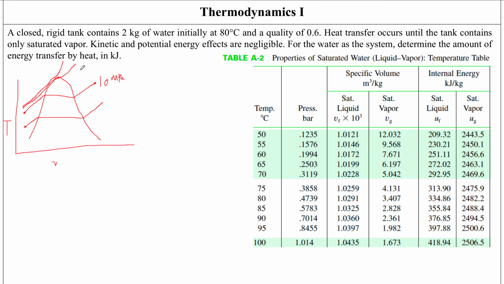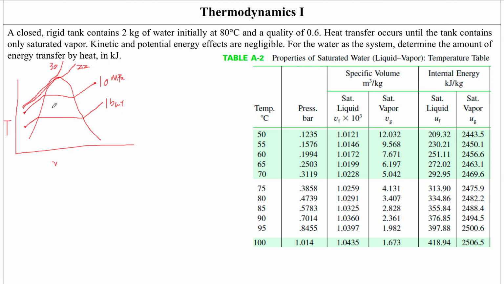So this is for water, and it's going to be 22 something megapascals over here. And this is the curve for, let's say, 30 megapascals. And let's say this is some curve that is at 1 bar over here. Okay, 1 bar.